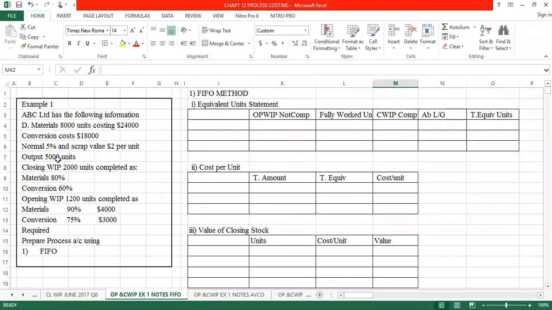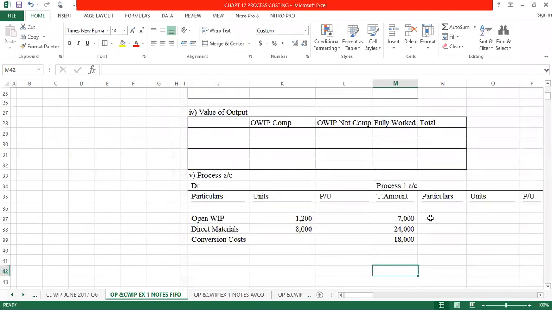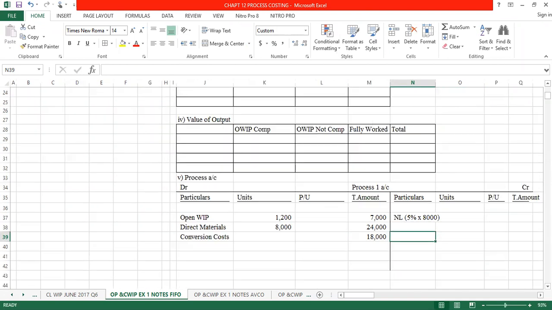Next, normal loss is 5%. You all know that normal loss is posted there. Normal loss is 5% of direct materials times what? 8,000. Remember, it is always a percentage of direct materials. Don't forget that. So what is it?